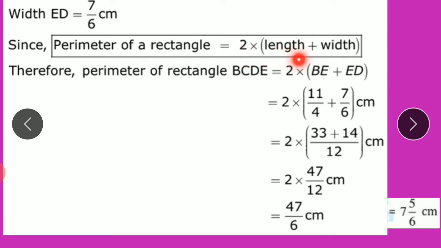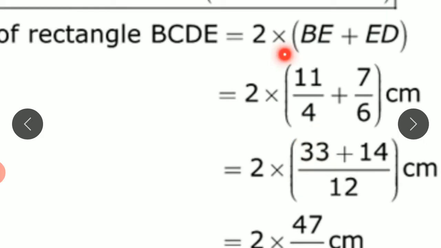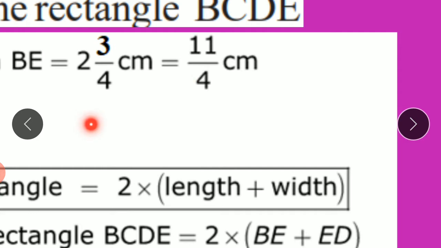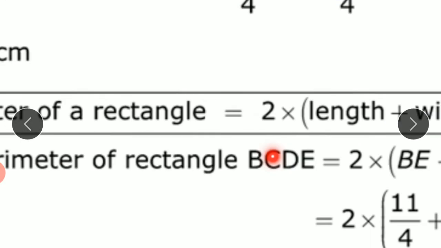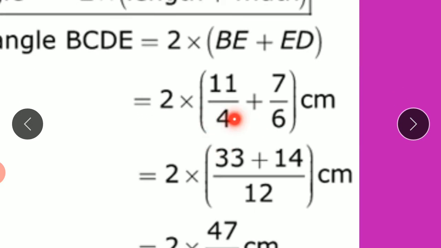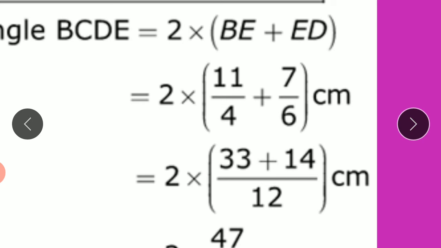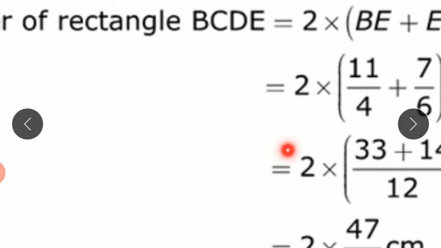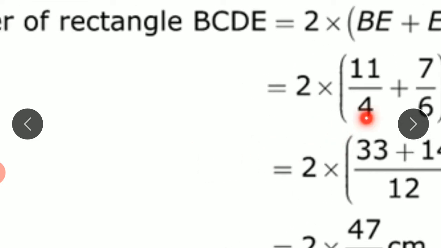So 2 into length plus breadth. 2 into length value 11/4, breadth value 7/6. As usual, first we simplify the bracket value, that is, we add the fractions. When adding fractions, we have to see whether the given fractions are like or unlike by seeing the denominators.